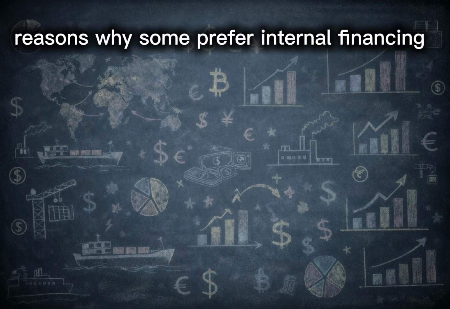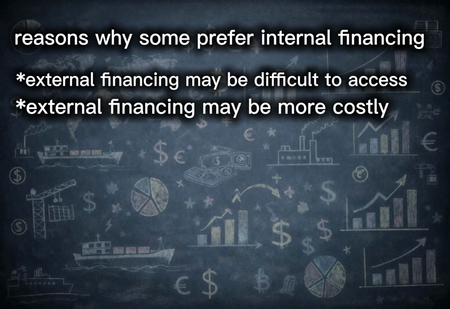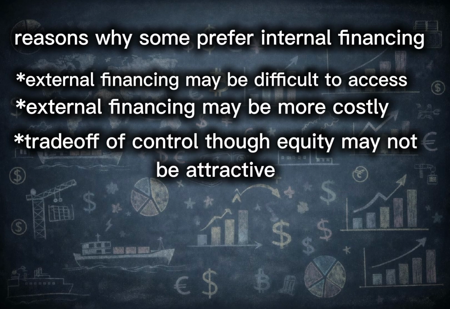This is simply because external financing can be very difficult to access, and it may also be more costly as compared with internal financing. And as we said before, when you get more external financing, you trade off your control, you dilute your control, because you have attracted more owners into the business.